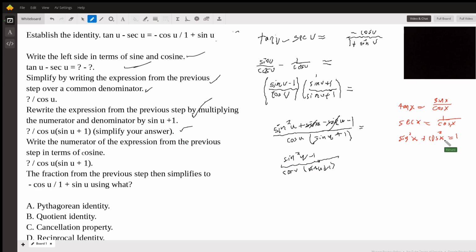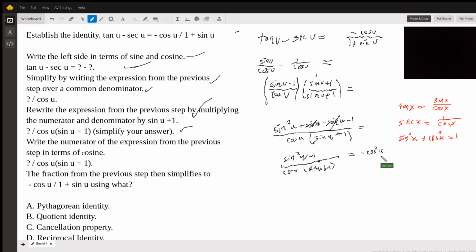Now, sine squared minus 1, if you look at the identity here, if you just rewrite this identity, bring the 1 over, you're going to have sine squared minus 1. And then you have to put the cosine squared on the other side. So the sine squared minus 1 is just equal to negative cosine squared of u. You see why? It's because sine squared minus 1 is equal to negative cosine squared.